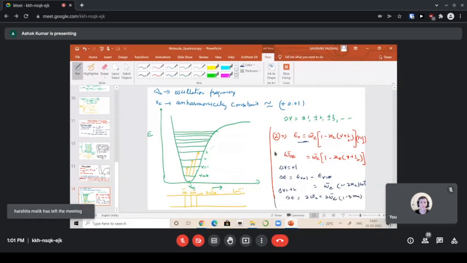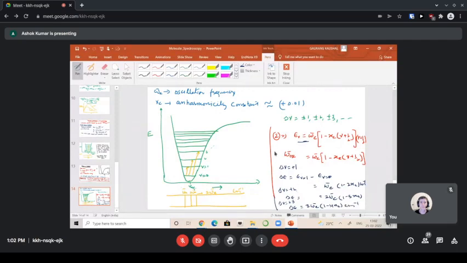Similarly for delta V equal to plus 3, the change in the vibrational quantum number is plus 3. Then the change in the energy levels will be equal to 3 omega E (1 minus 4xe) centimeter inverse.